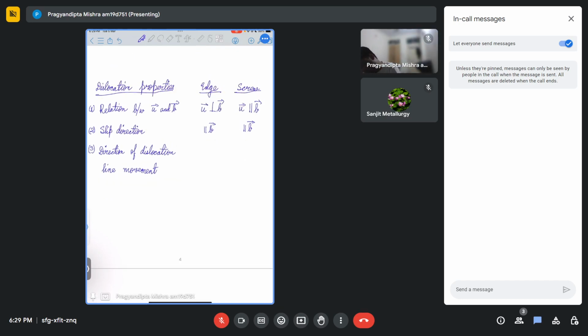In edge, for instance, I can take the example of an edge dislocation. Let's say we have this kind of edge-like structure initially, right? Now we have applied a stress so that a dislocation starts. Right, and now this dislocation will keep moving through the material.